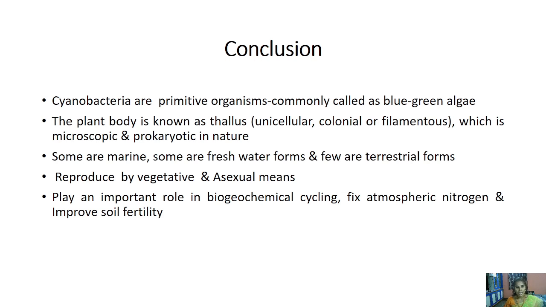Some are marine, some are freshwater forms, and few of them are terrestrial also. They reproduce mainly by vegetative as well as asexual means. They play an important role in biogeochemical cycling, fix atmospheric nitrogen, and improve soil fertility.